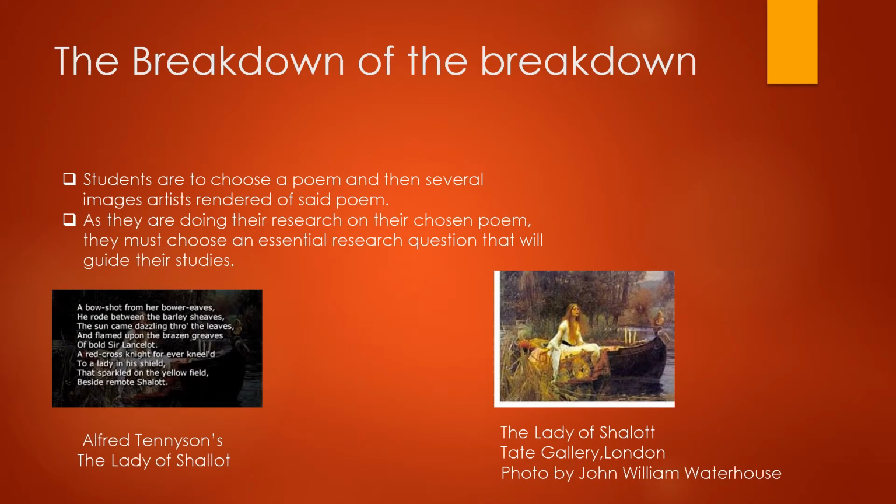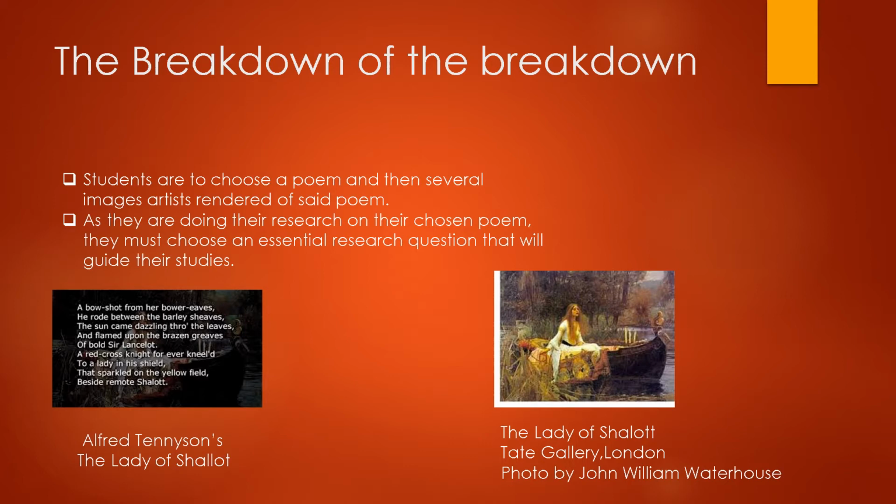Now, if you are still confused, I have a breakdown of the breakdown. So students are to choose a poem and then several images are just rendered of said poem. If you look at the 2 examples, the bottom left is just a snippet of a poem, The Lady of Shalott.